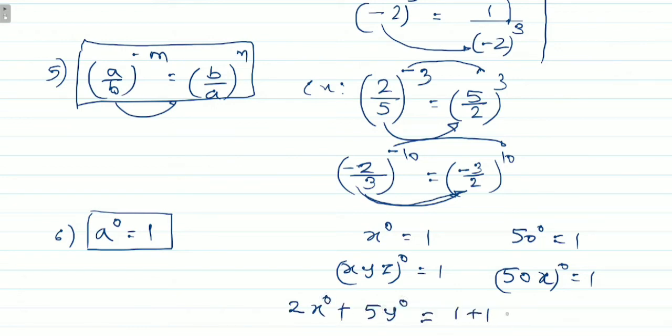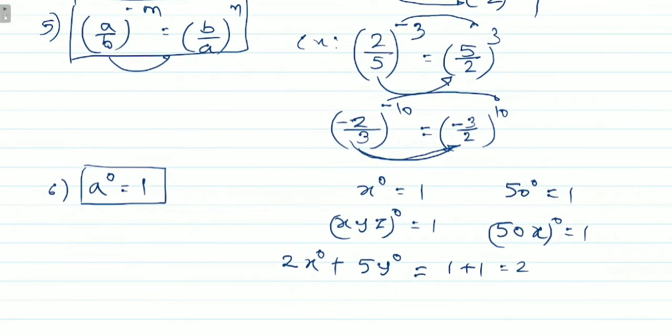Most of the people will say, sir, it's 1 plus 1, 2. But it will not be 1 plus 1, 2. See, this power is only on x. I have not given any bracket there, so 2 will remain as it is. This will become 1. 5 will remain as it is. This y raised to 0 is only there. The power is not given to any bracket here. So the power 0 is only on y and it will become 1.